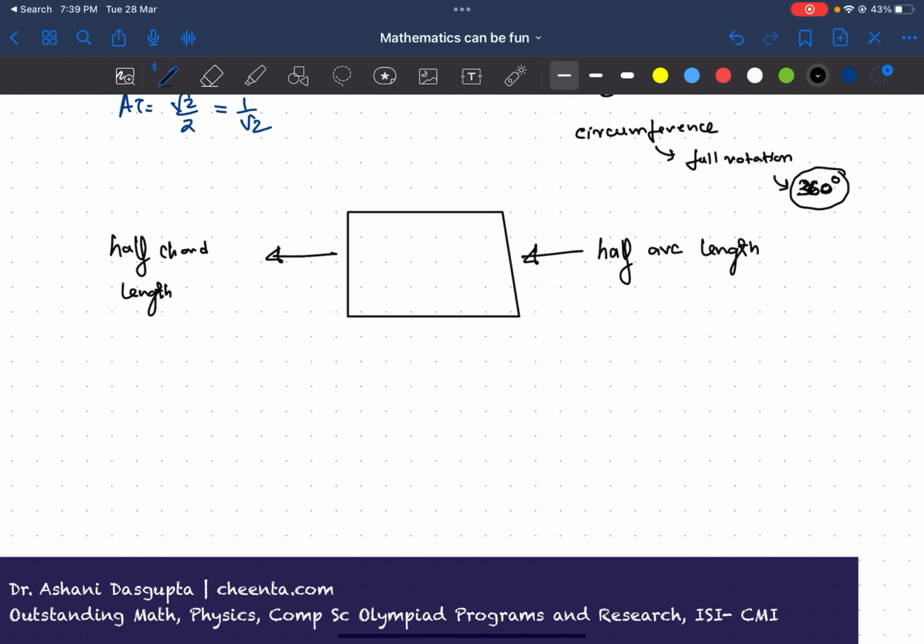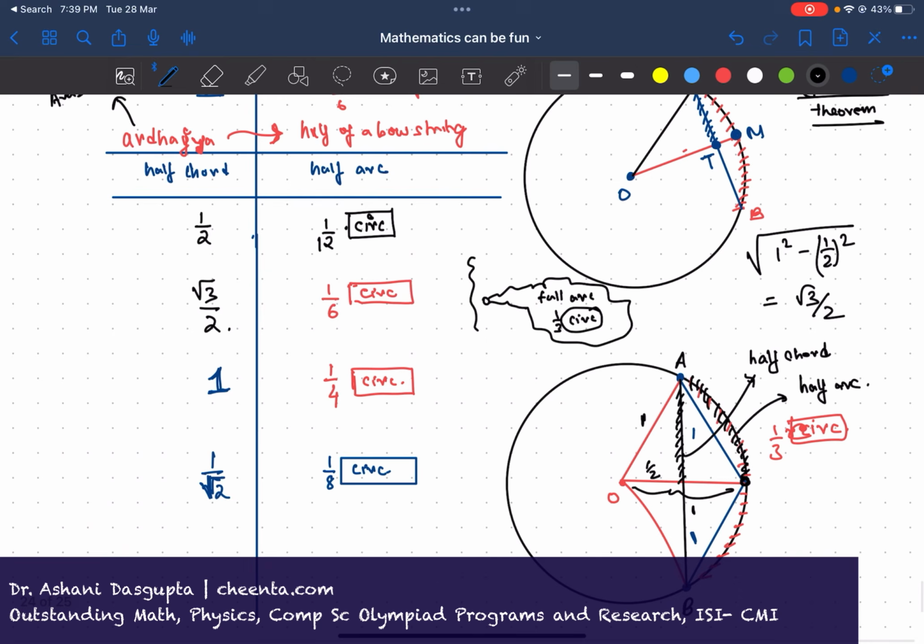The entire circular rotation is 360 degrees, which means that 1/12 of it is 30 degrees, 1/6 of it is 60 degrees, 1/4 of it is 90 degrees, and 1/8 of it is 45 degrees.